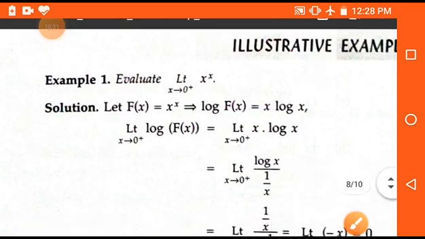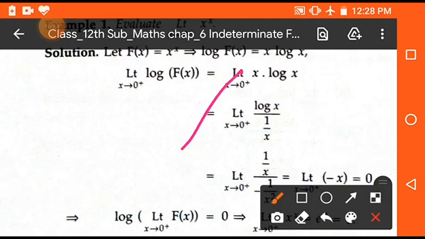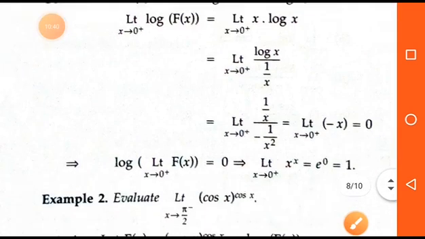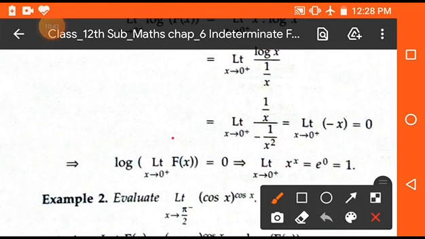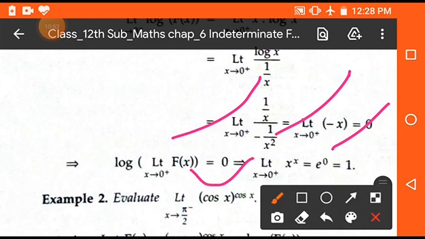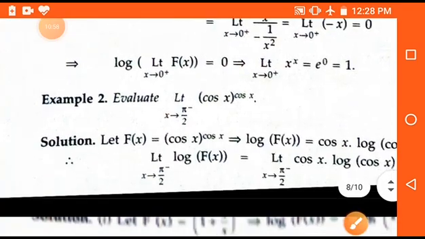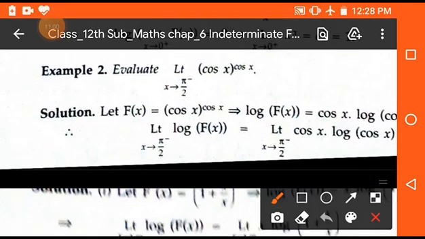Now you can write here limit x tends to 0 of log x upon 1 by x. Now differentiate, using L'Hospital rule, and you will get limit x tends to 0 of minus x, it means 0. So finally you will get e to the power 0, because we know that e to the power 0 is equal to 1. So the result will be 1. Clear? Okay. Take another example.